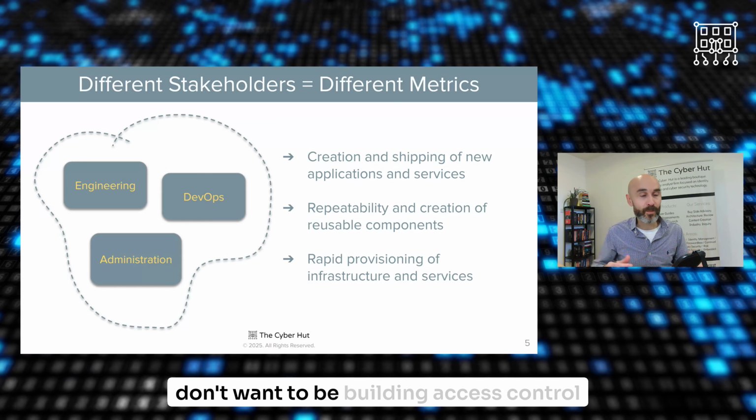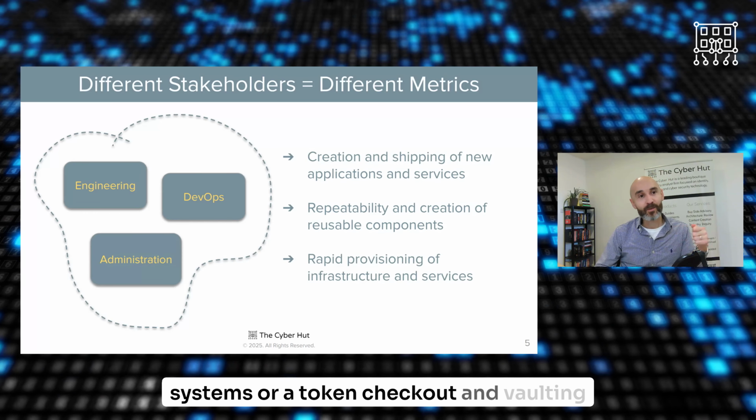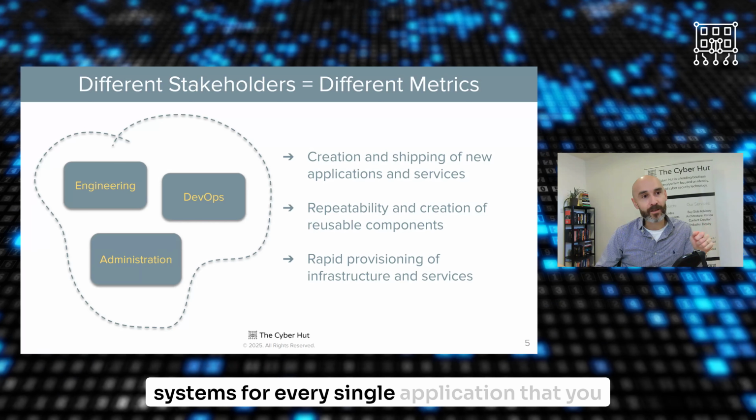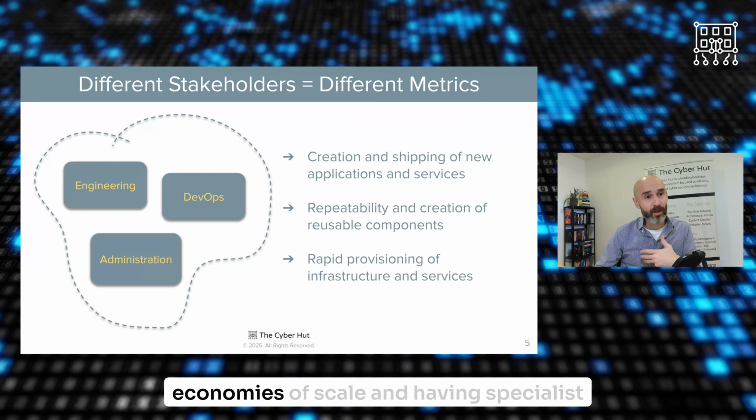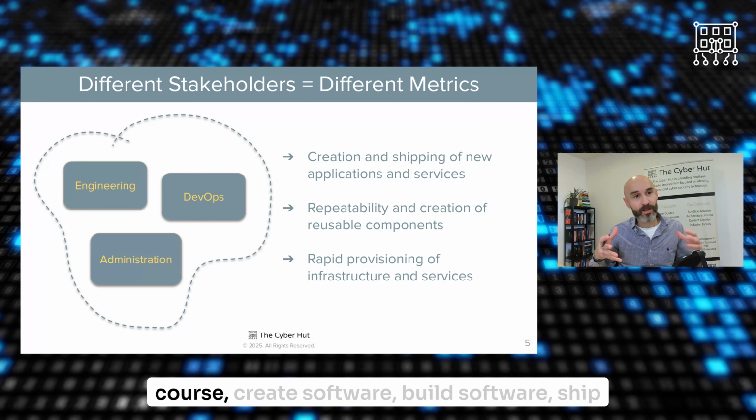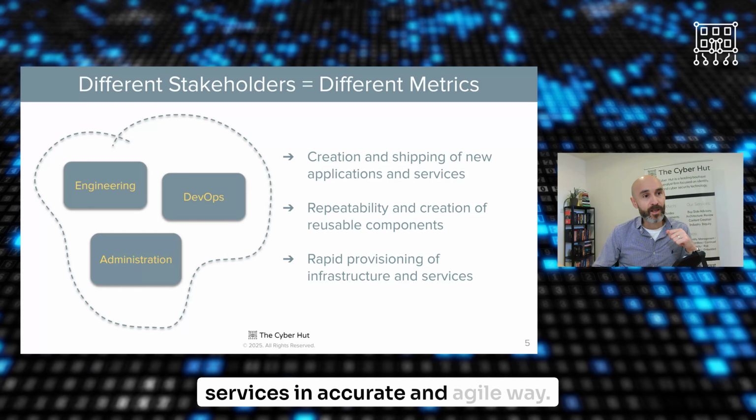You don't want to be building access control systems or token checkout and vaulting systems for every single application that you build. You want to be leveraging external platforms. You want to be leveraging economies of scale and having specialist platforms that allow you to focus upon what you are incentivized to do, which is, of course, create software, build software, ship services in an accurate and agile way.